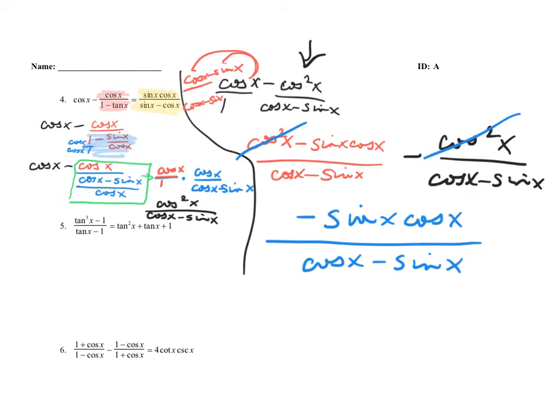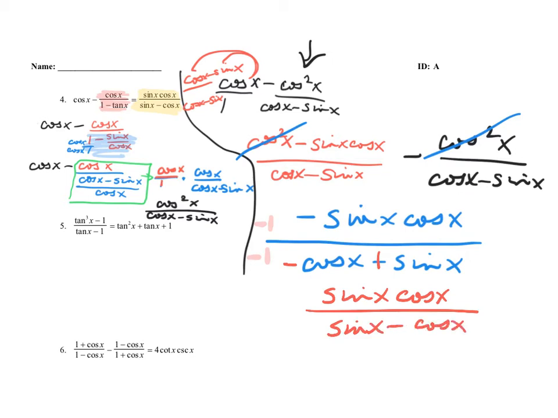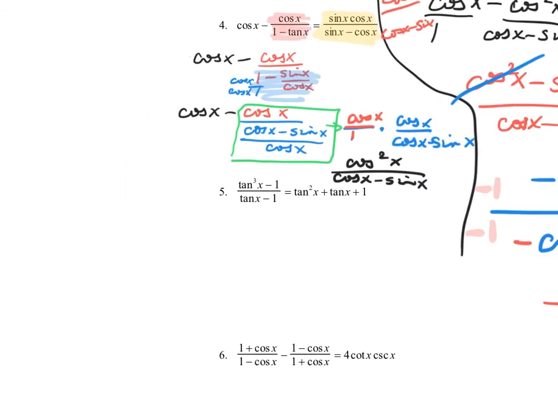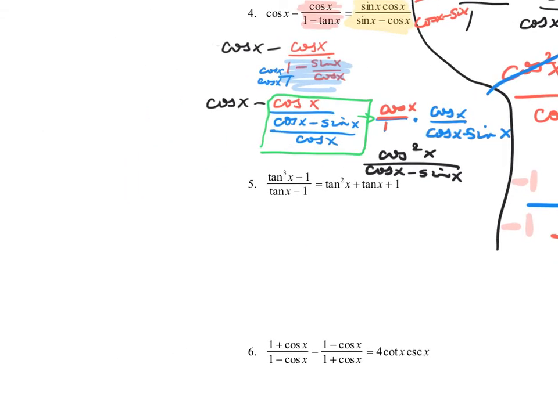So I'm just going to multiply the top and the bottom by -1, and that switches my signs. So sine x cosine x positive. So now I'm just going to flip it around and write the positive first and the negative second. And it verifies.